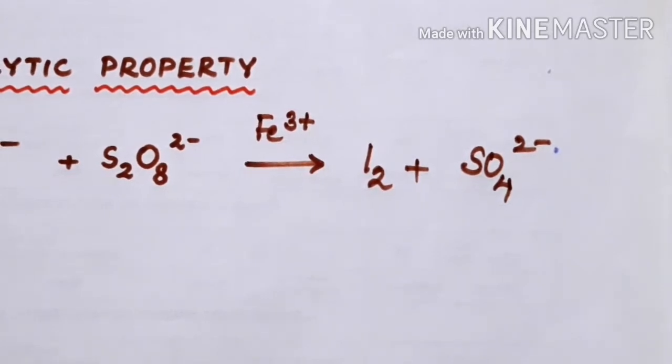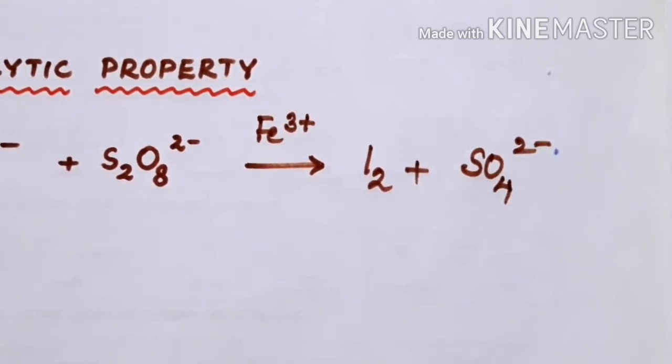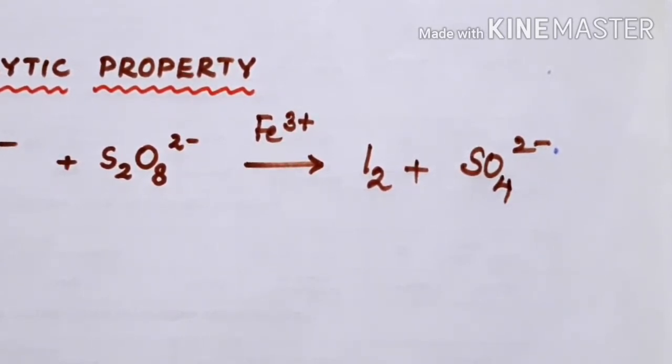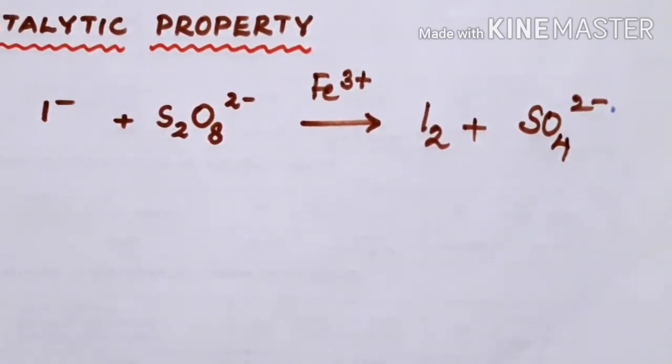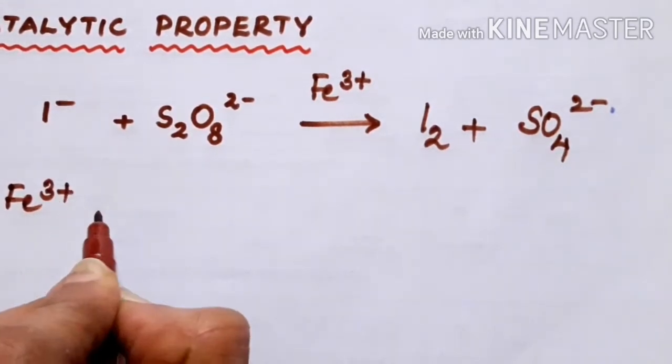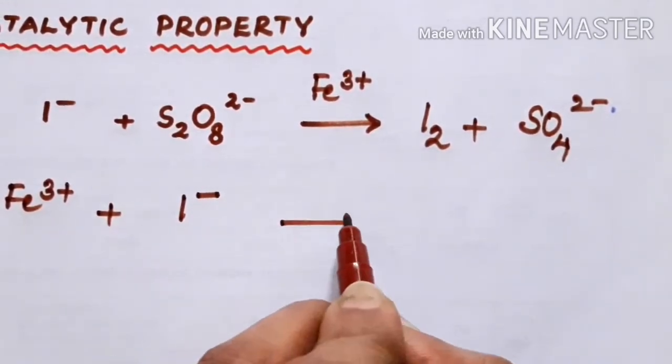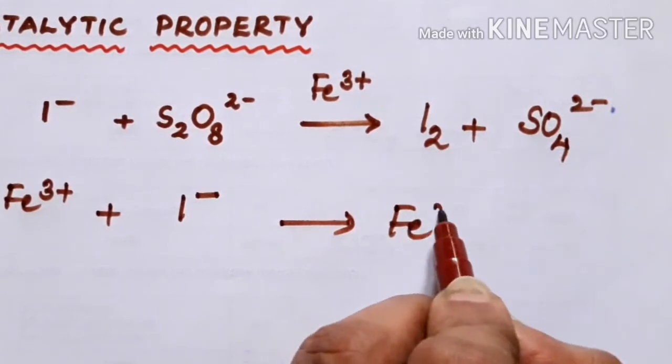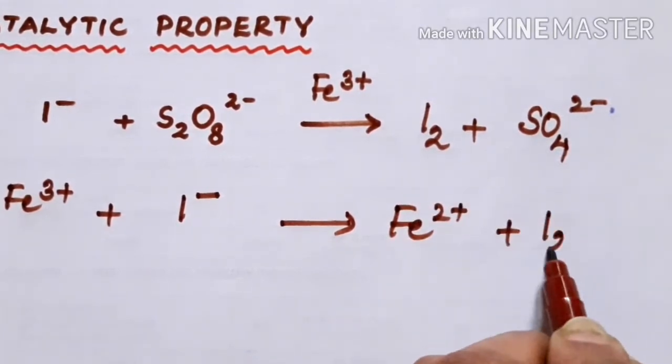What happens here is, because of the variable oxidation state exhibited by iron, it can act as a very good catalyst. So first of all, Fe3+ will combine with iodide, converting it into Fe2+ and iodine.